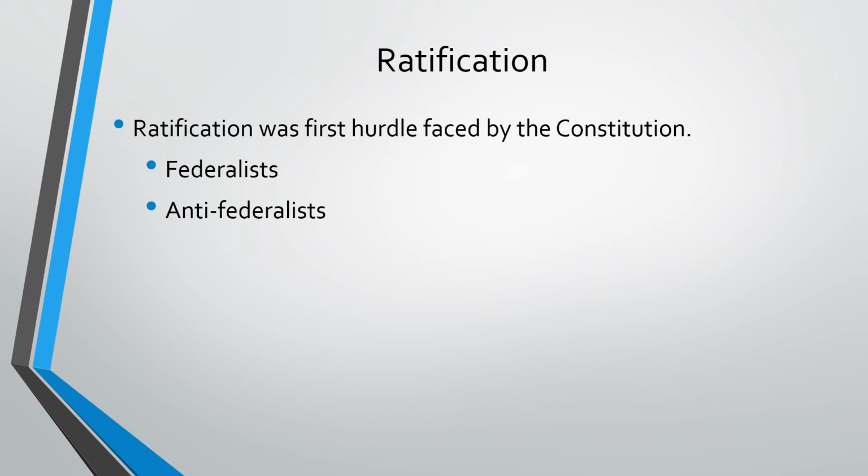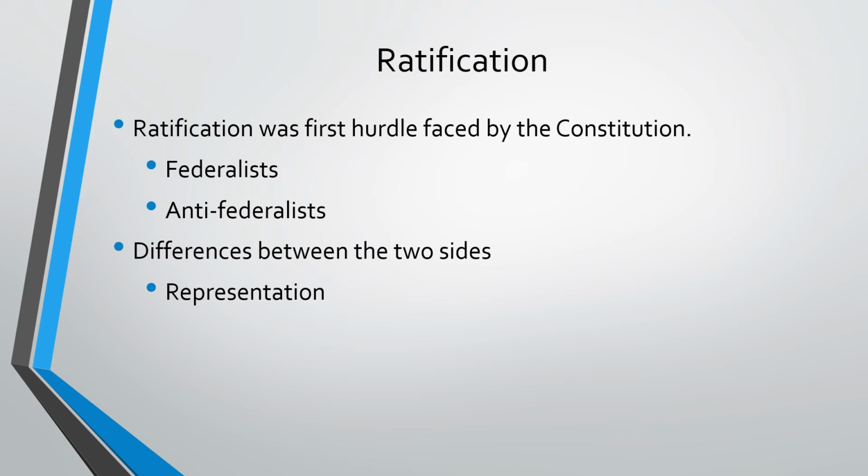Well, in the end, what's the difference between the two sides, right? Why are they fighting with each other? Why can't they come to some sort of understanding? Well, the difference between the two sides came down to representation. This was one of the major controversies, right? The anti-federalists asserted that representation must be a true picture of the people and favored more direct democracy, which would not be possible to obtain in such a large nation.